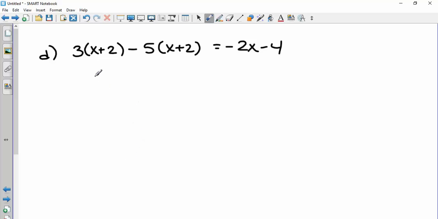What would you do first? Distribute on the left. So we get 3x plus 6. Over here, that's like a negative 5. So if I distribute the negative 5, I have a negative 5x and negative 10.